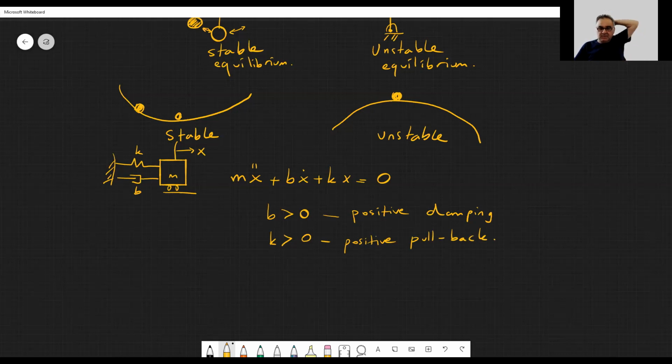What if the damping is not positive, or it is negative, let's say? If the B term is negative, then the damping adds energy. Instead of removing energy from the system, it adds energy to the system. But how can this be? It is possible. There might be certain devices which add energy to the system.